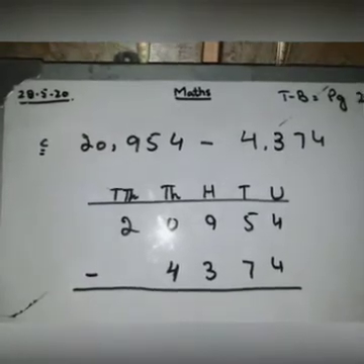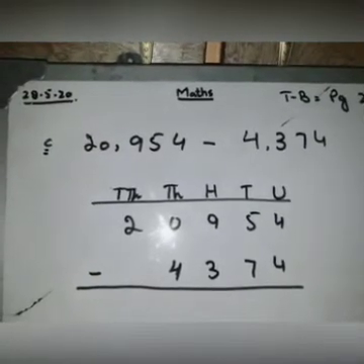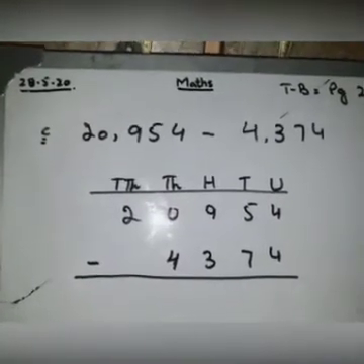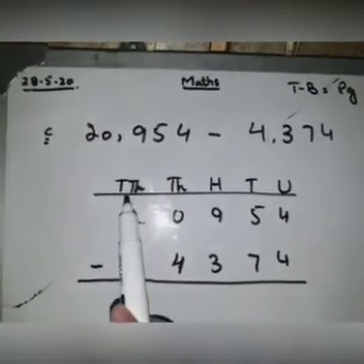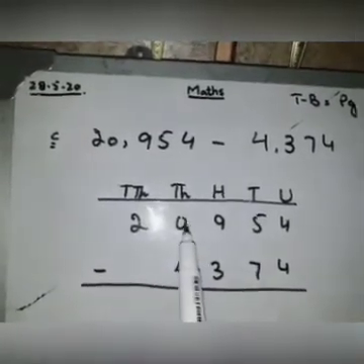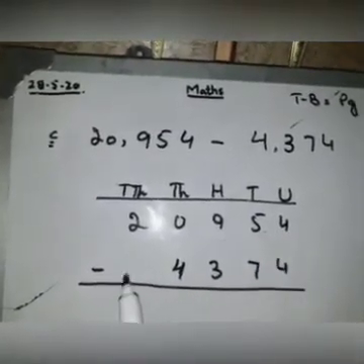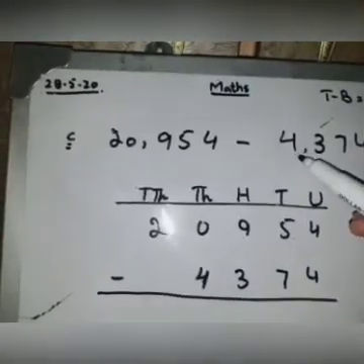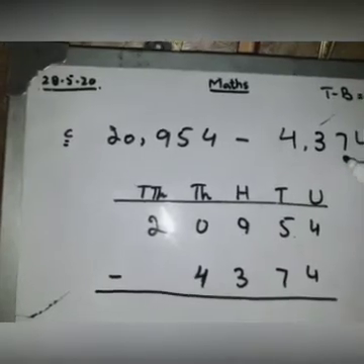Now you have the question number C. 20,954 minus 4,374. When you write it vertically, we will write these values at their place values. So 10,000, 1,000, 100, tens and unit. 20,954 and then see here the value is 4,374.